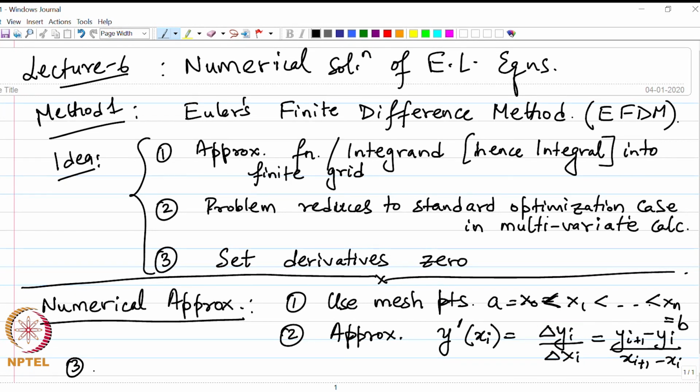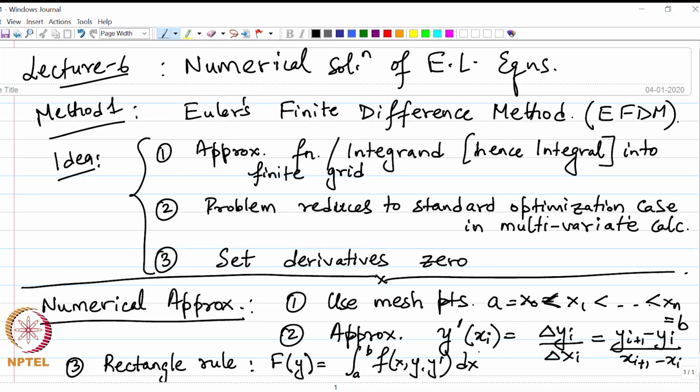And finally, the third rule is that we use the standard rectangle rule to change our integral into a summation. So, use the rectangle rule to change our integral f of y, which is the integral from a to b of the function f of x, y, y prime dx, into a summation as follows.